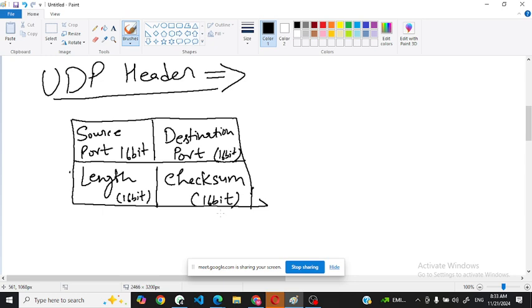If the information is coming from the source to the destination using the browser, this way you can identify it. And each consists of 16 bits.